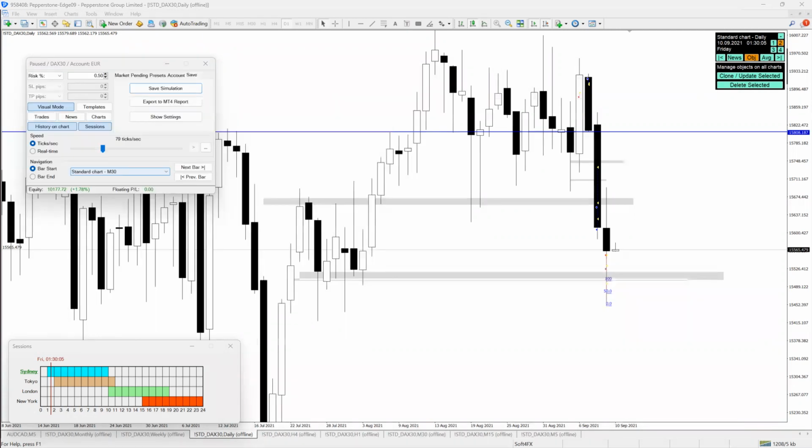Keep that across to the side. And it was September, what date was it? September 5th, I think it started. 5th September 2021.